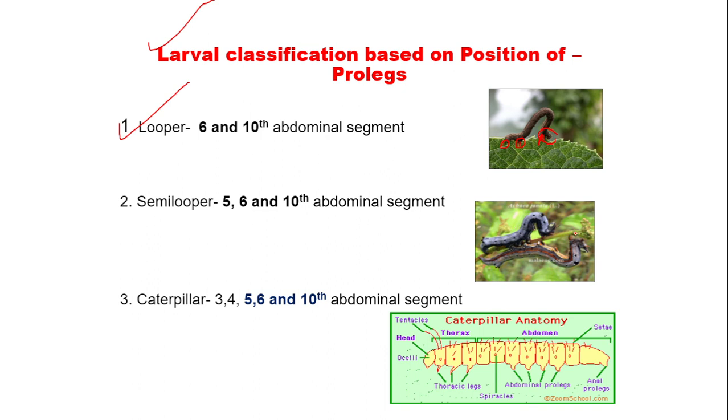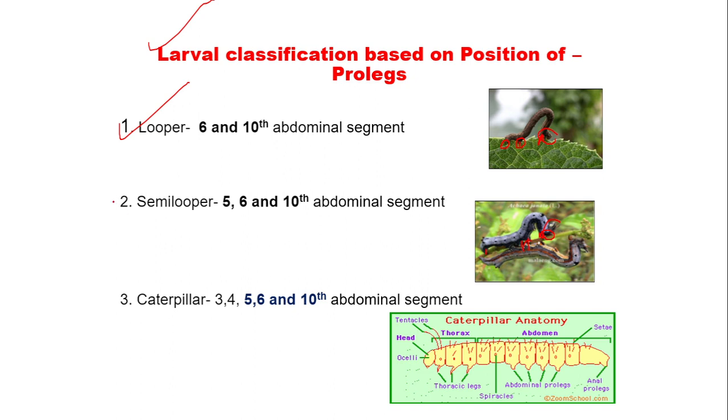See here, this is the insect head and three pairs of thoracic legs. And this insect contains prolegs on the 5th, 6th and 10th abdominal segments. Due to the absence of legs between the thoracic and 5th abdominal legs, this insect forms a small loop-like structure when it is walking.